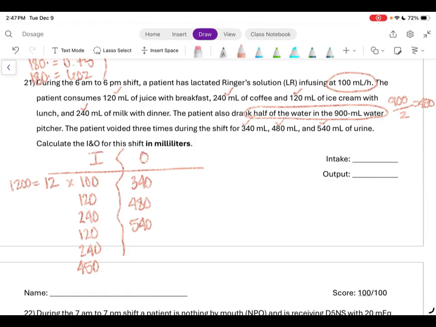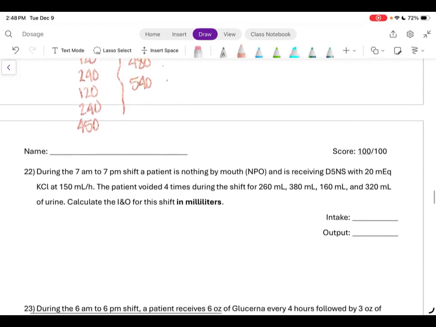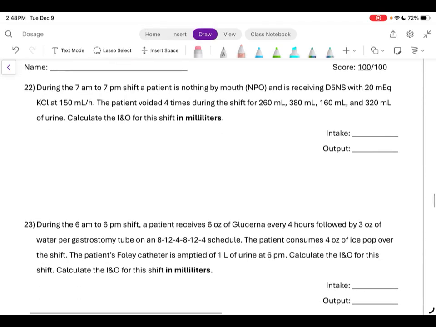And then we'll add up the rest of these intakes and we'll get 2370. Okay, add these three outputs for 1360. Right, and that's it for this one. Let's keep going. Again, setting up my I&O table.